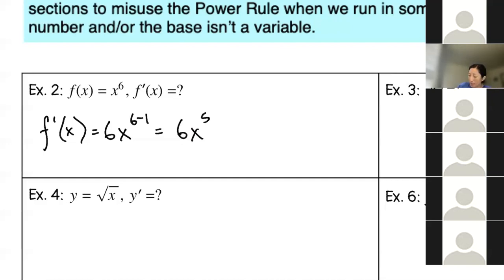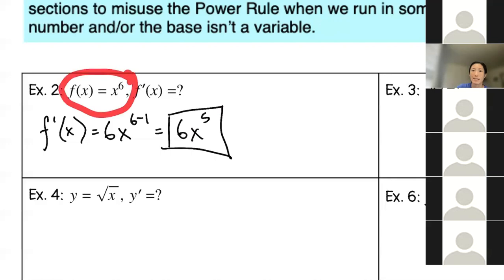Now, what does that mean? That means that if I want to find the slope at any point on x to the 6th, I can just plug in that number, whatever my x value is, into 6x to the 5th, and that will give me the slope at that point. Okay. Now, I think this is very clear to see.